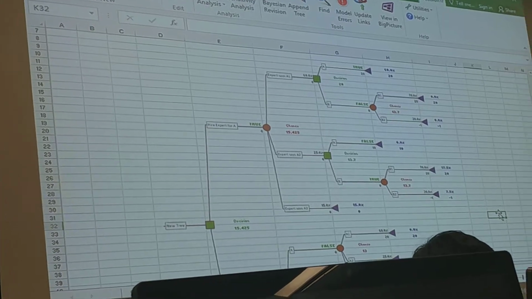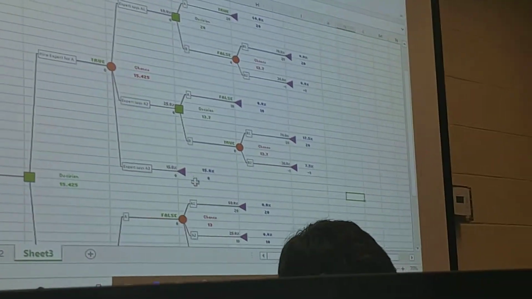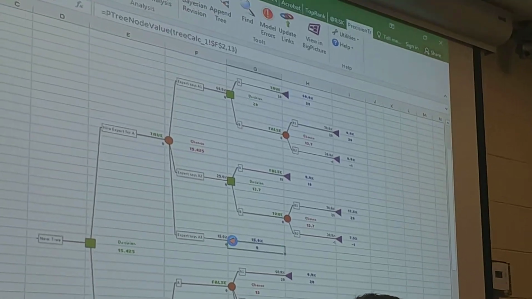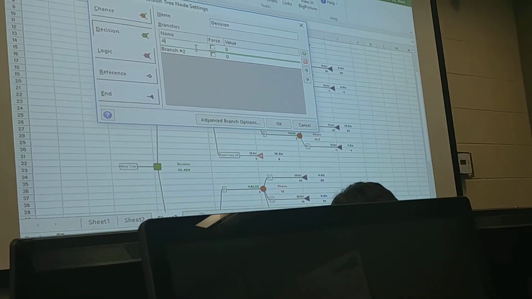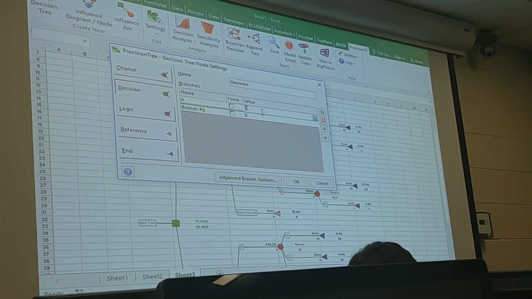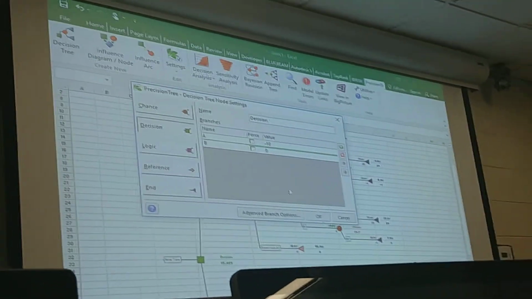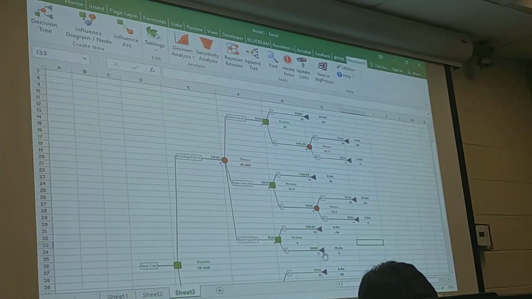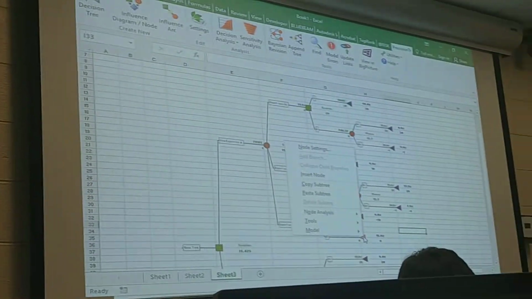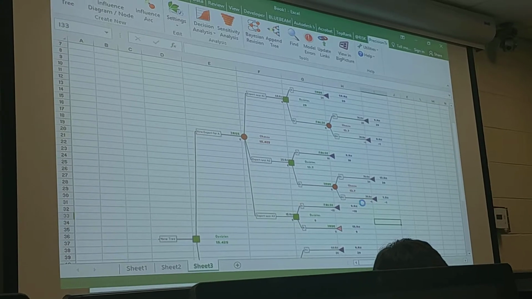And then when the expert says A3 happens, the value for A would be minus 10. And then for B, I paste the same subtree.